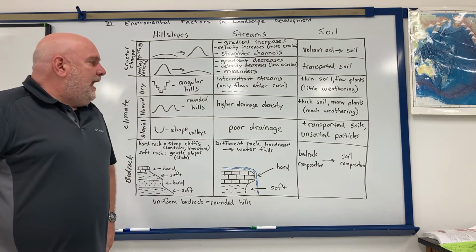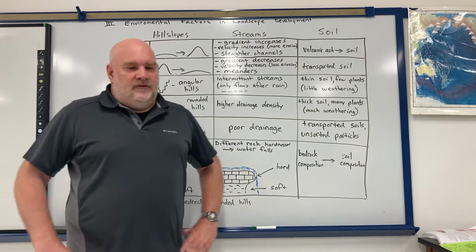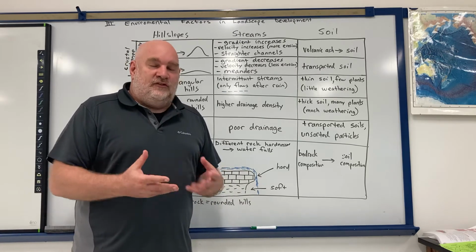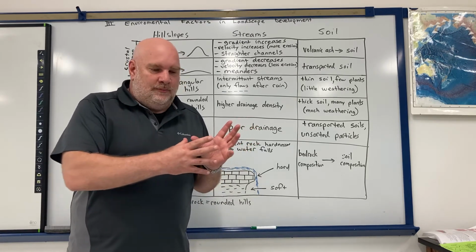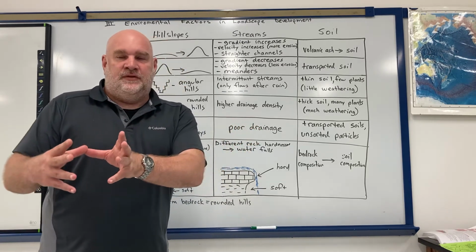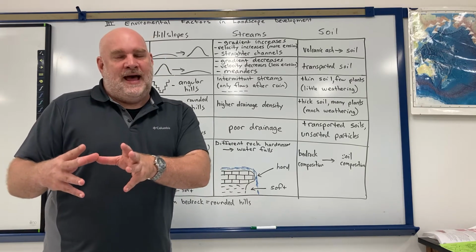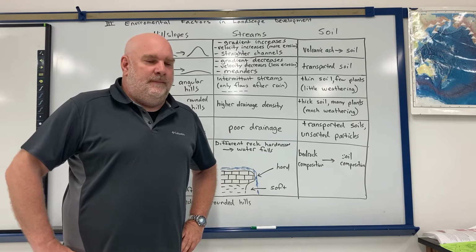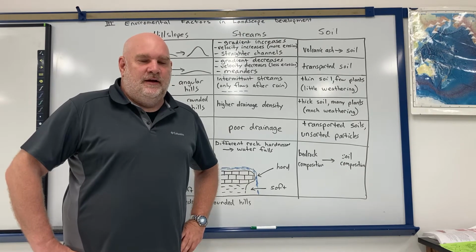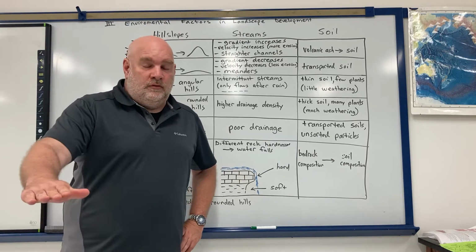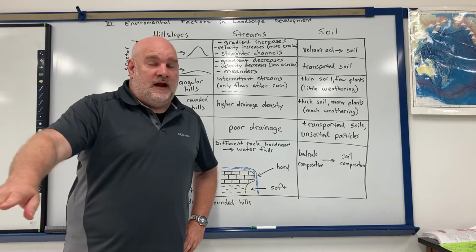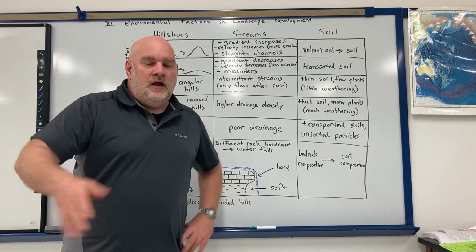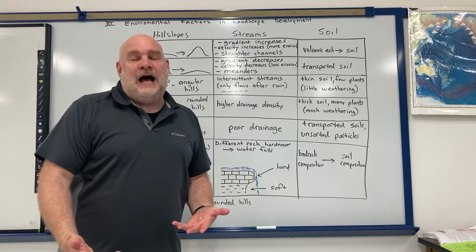All right. And the reason for that is that glaciers carry all different size stuff. When a glacier comes in, it brings all the stuff with it. Then when a glacier melts back, it just dumps the stuff on top of the streams and stuff that were already there, the drainage patterns that were already there. You're just dumping a bunch of junk on top of it.